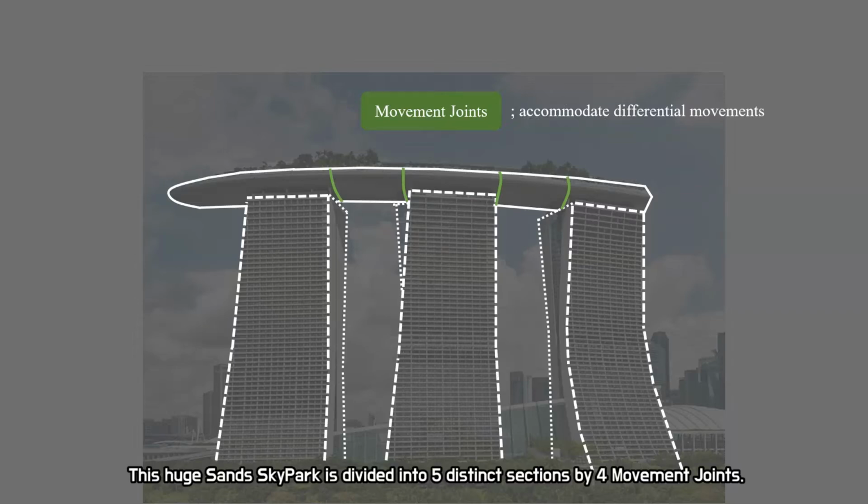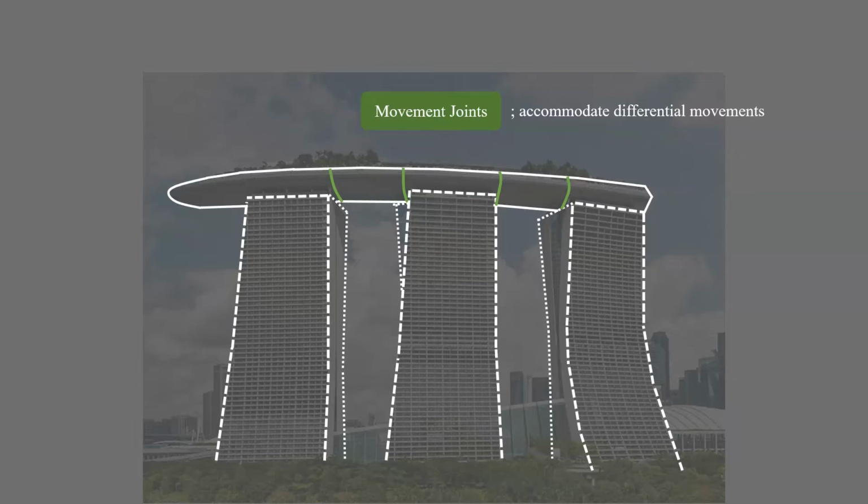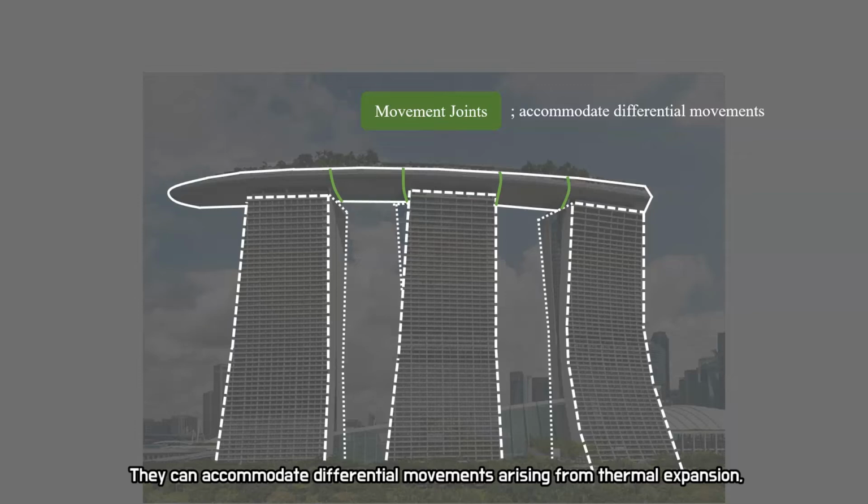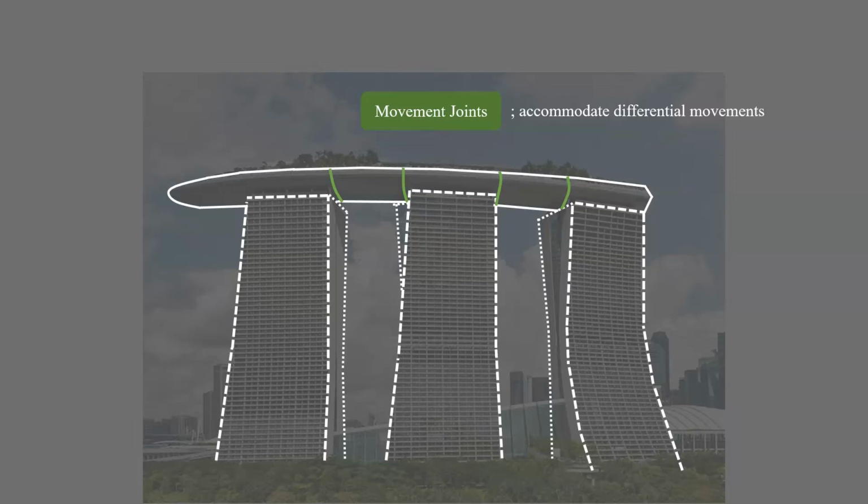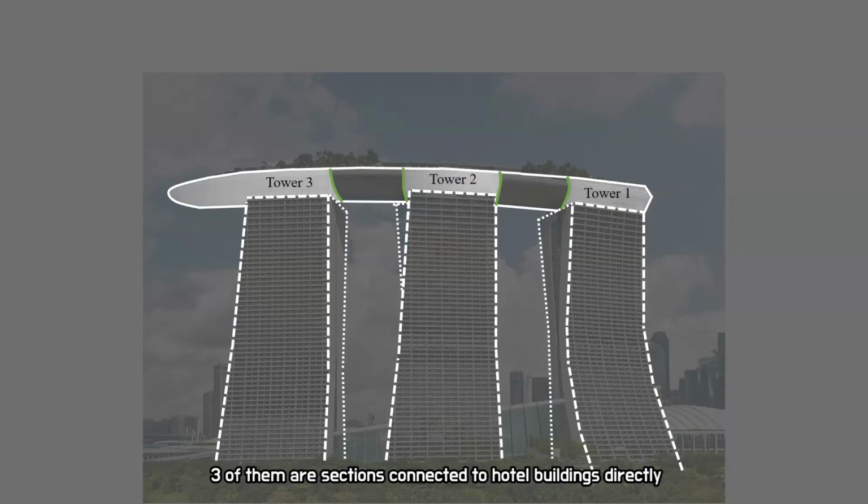This huge Sanjay Sky Park is divided into 5 distinct sections by 4 movement joints. They can accommodate differential movements arising from thermal expansion, wind-induced movements, and time-dependent movements such as creep or shrinkage. 3 of them are sections connected to hotel buildings directly: Tower 3, Tower 2, and Tower 1.